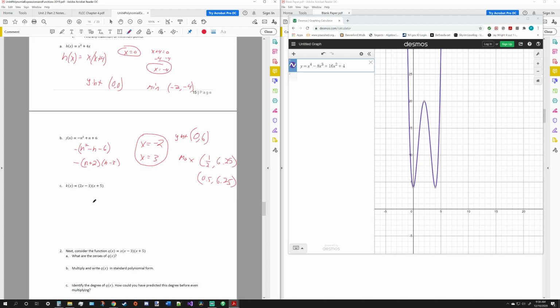All right, next one. This is already in factored form, so we just need to find the zeros. Right, like this one, x plus 5 is a factor, so I know that x equals -5 is a 0. This one, I might want to set equal to 0 first and solve.